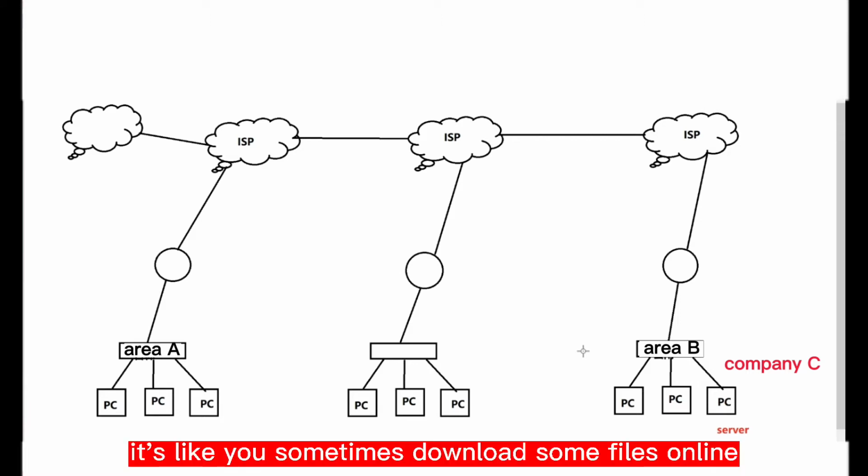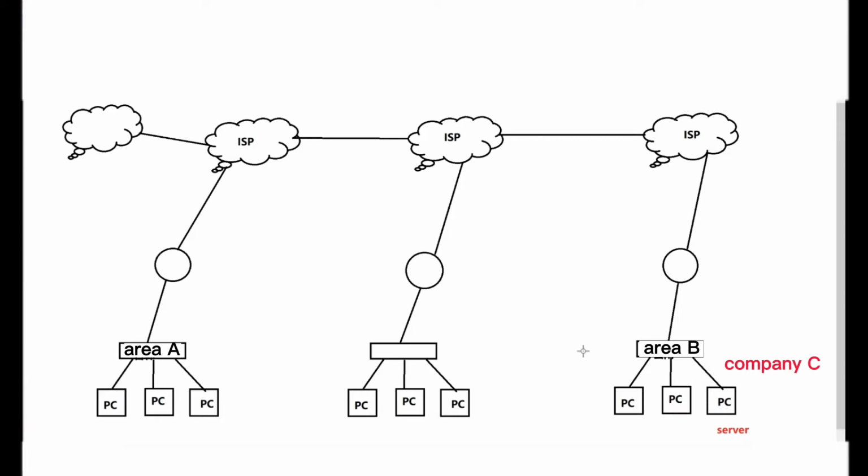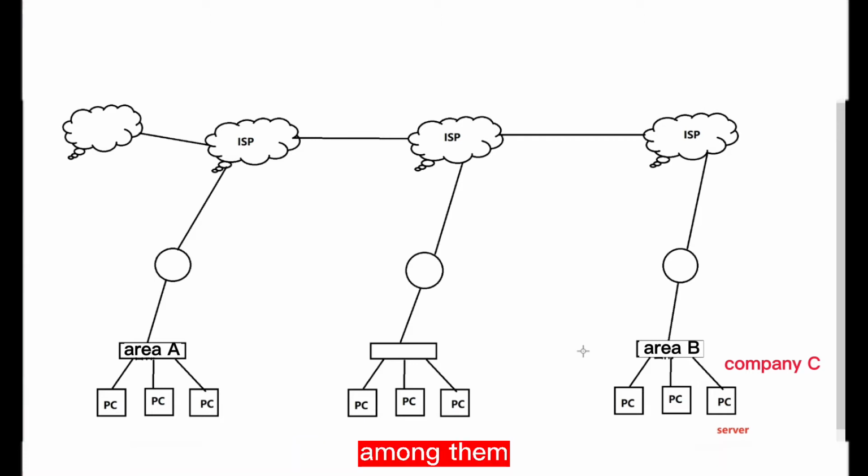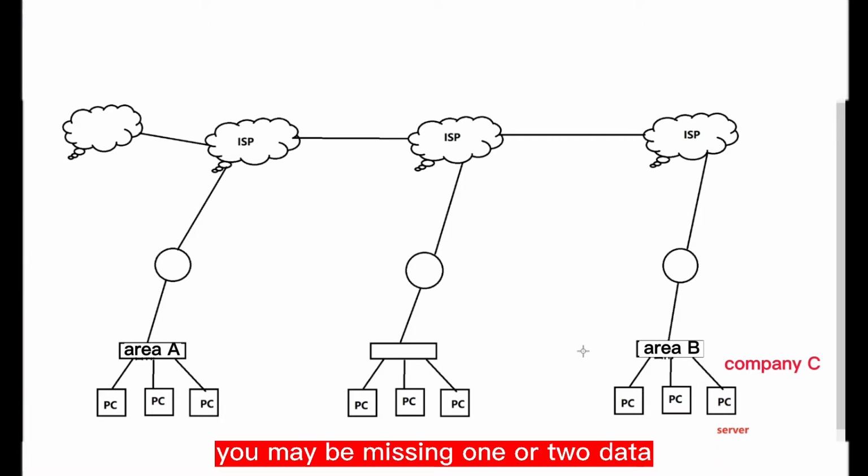It's like when you sometimes download files online, maybe due to an unstable network in the middle, sometimes the files get corrupted after unzipping. You may be missing one or two pieces of data, which may result in corruption of your entire data.